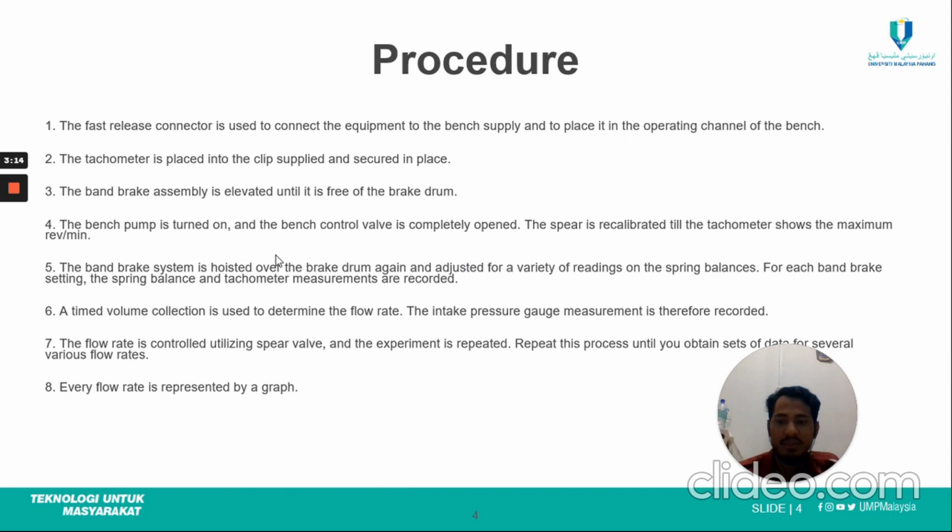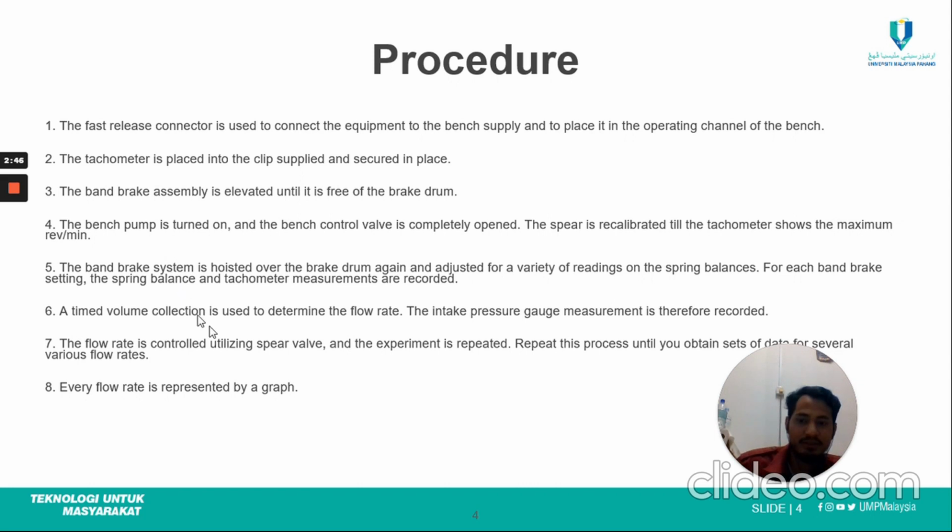The brake system is hoisted over the brake drum again and adjusted for a variety of readings on the spring balances. For each band brake setting, the spring balance and tachometer measurements are recorded. A time volume collection is used to determine the flow rate. The intake pressure gauge measurement is therefore recorded.